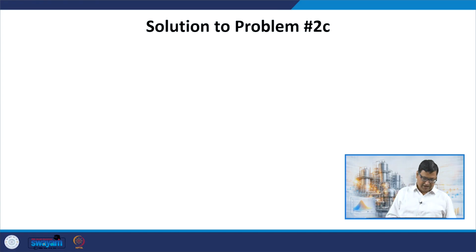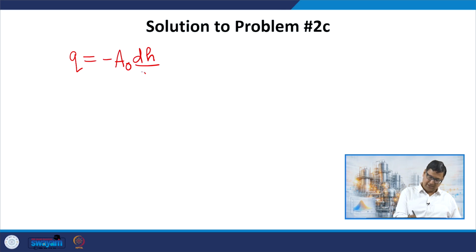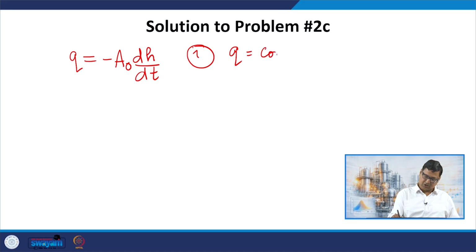Okay. So, we have already figured out that my Q is equal to minus A naught dh by dt, and let me do the first case where I am assuming that this Q is some constant. Let me call that constant Q naught.